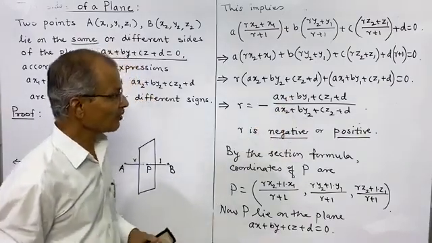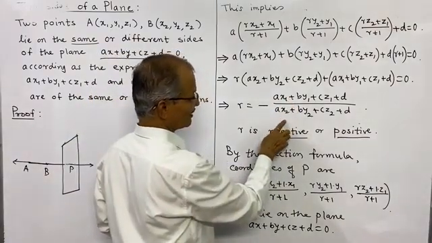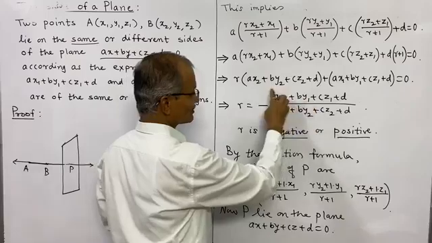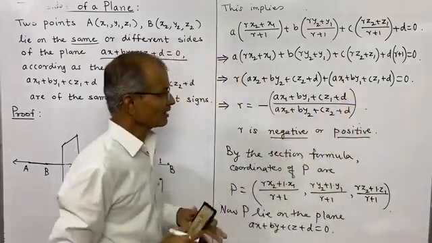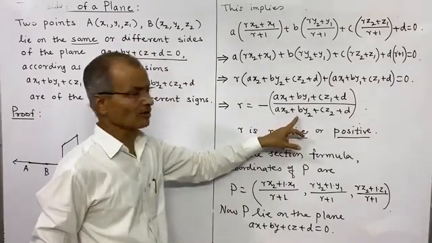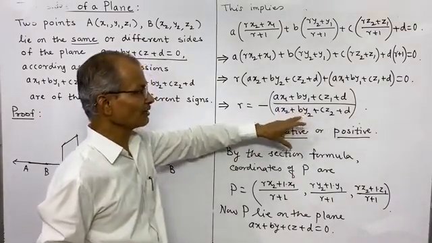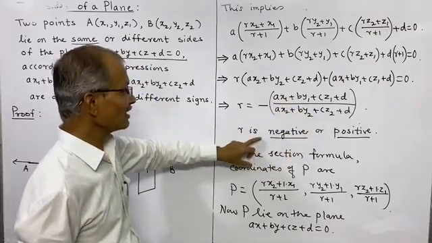And r will be positive if these are of opposite sign, because then the quantity in the bracket is negative, and negative of negative is positive. So that means r is negative.